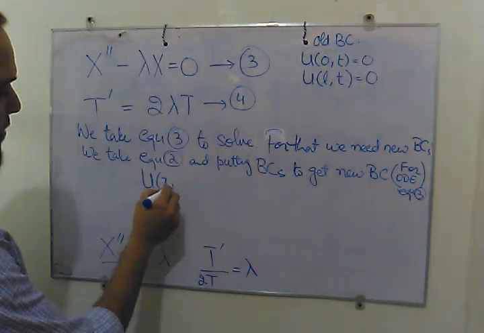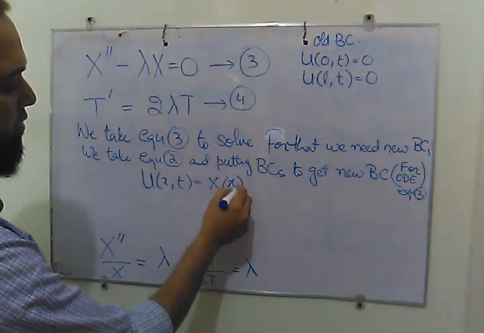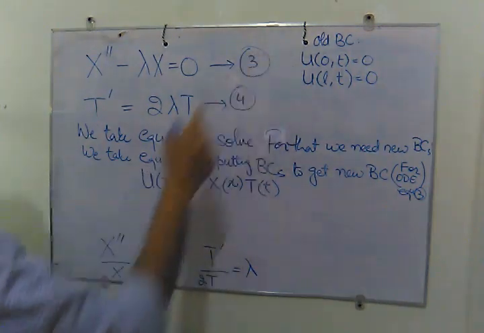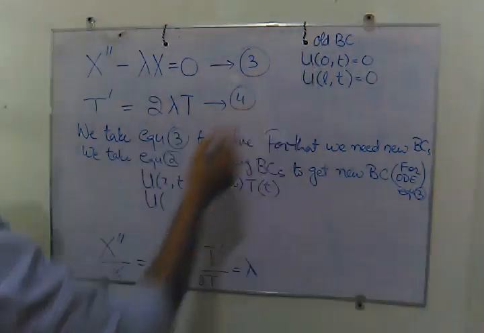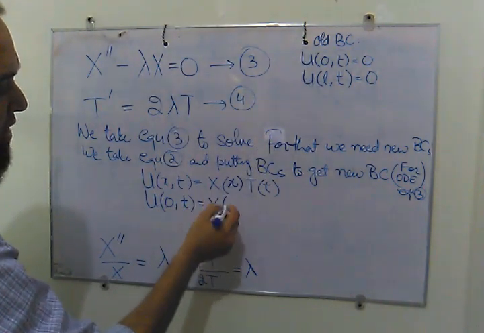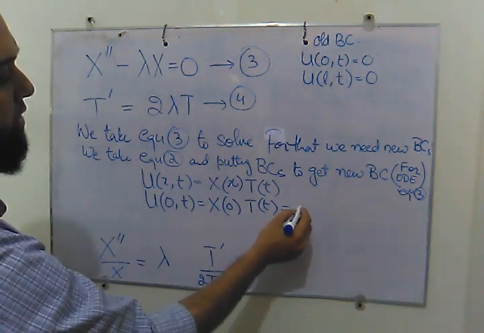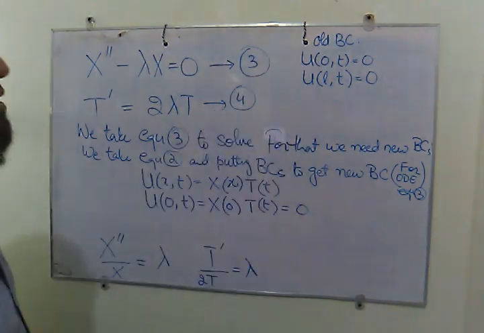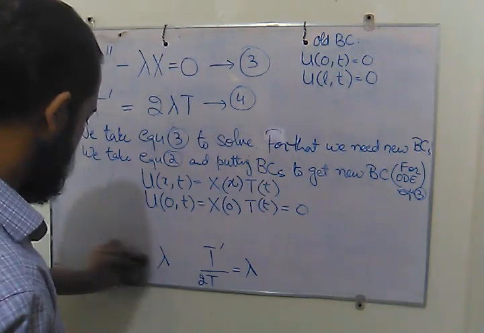So we know that our proposed solution is in the form of this. When we apply the first boundary condition, we put x equal to 0. In place of x we are putting 0, T of t remains the same, and this u(0, t) is equal to 0.